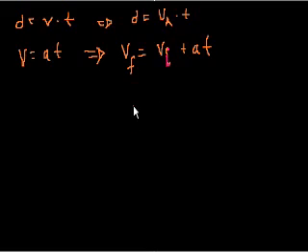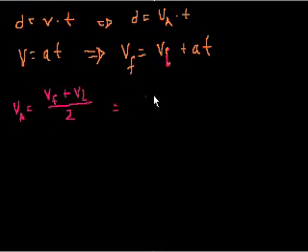Well, we know that the average velocity is equal to the final velocity plus the initial velocity divided by 2, right? Well, what is the final velocity? Well, the final velocity is equal to this.